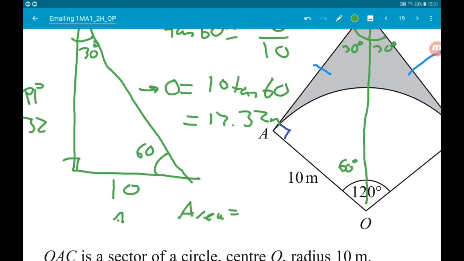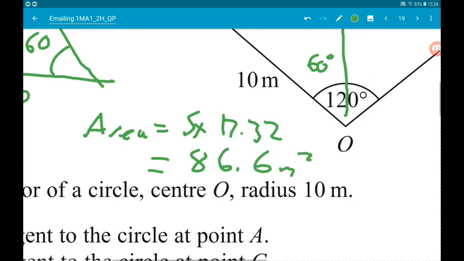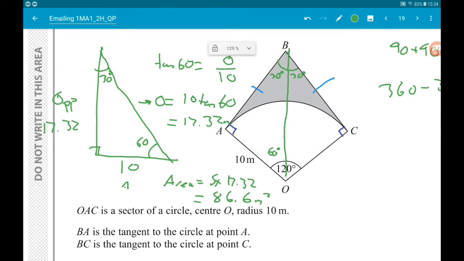So that's the same as 5 times 17.32. And that gives us 86.6 meters squared. Now that is half of the quadrilateral, because it's one of the triangles.